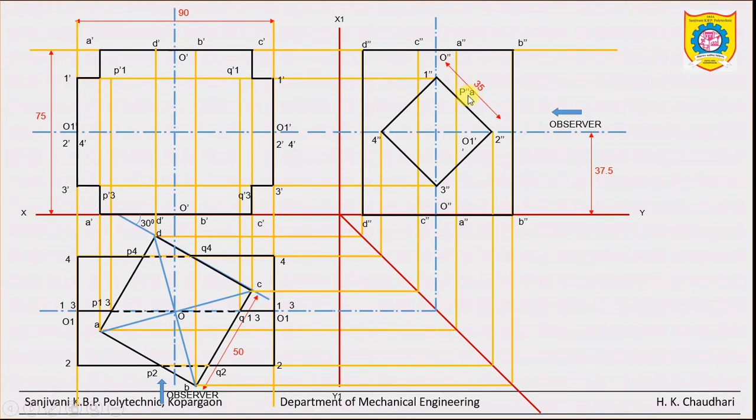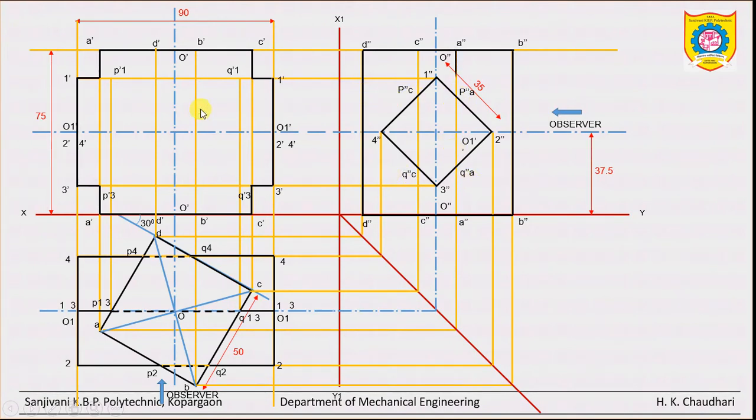Just give the label of the respective edges. Then on this side PC, this is the edge number C, and similarly for the bottom side QA and here QC. So we can locate PA, PC, QA, QC.